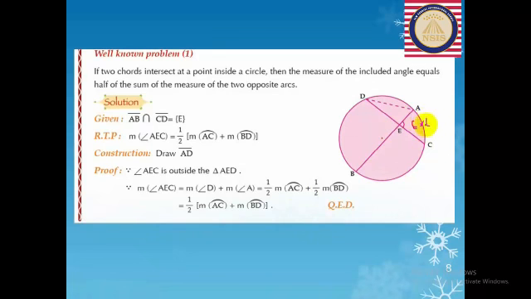What do you remember about the exterior angle of a triangle? It equals the sum of the other two interior angles, except its adjacent one. So the measure of angle AEC equals the measure of angle EAD plus ADE.